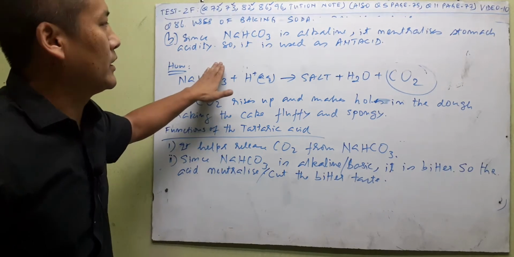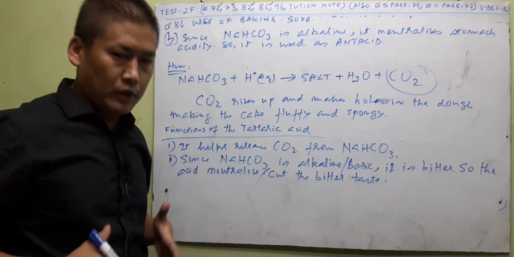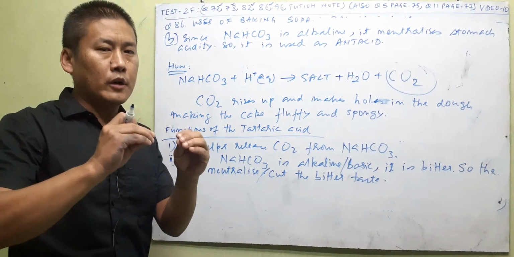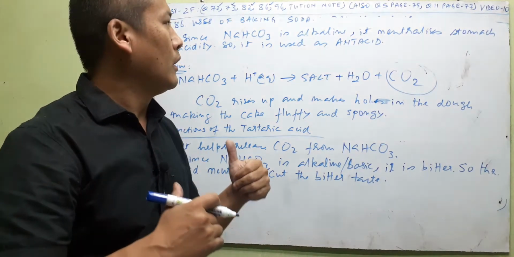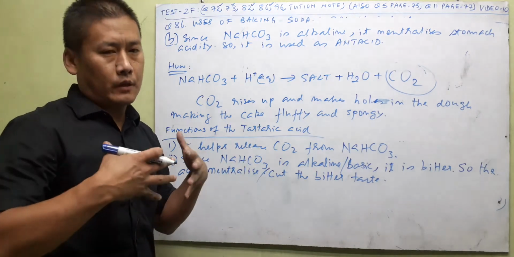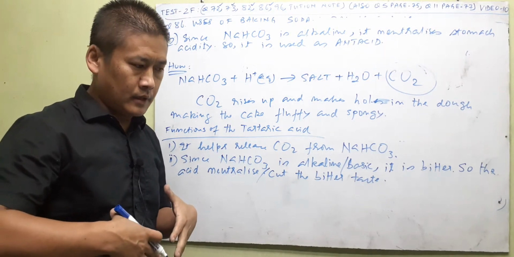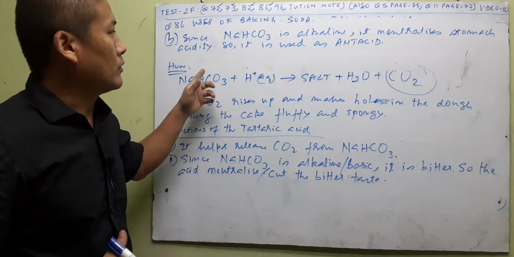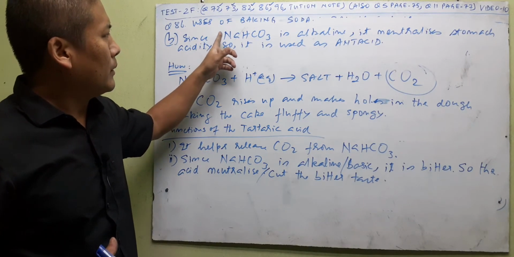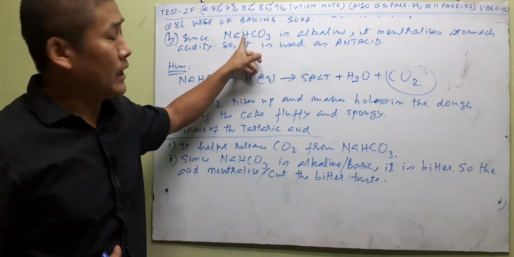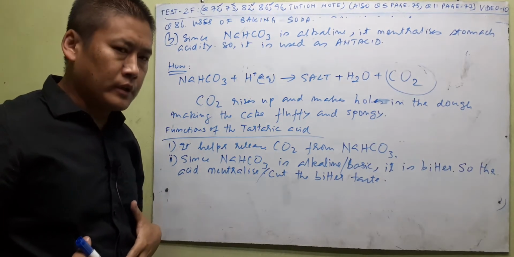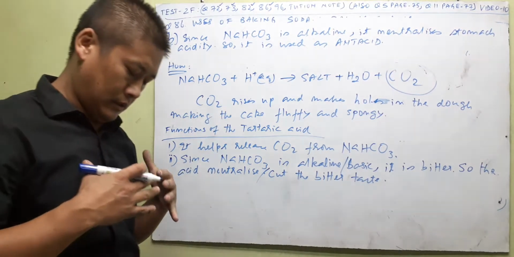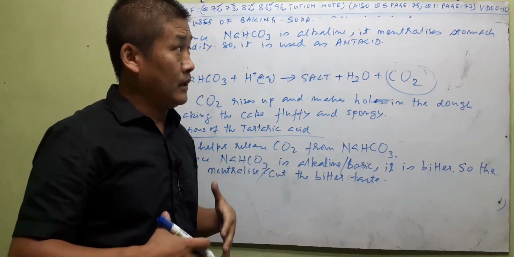Now, what is gastritis? Every one of our stomachs secretes or releases some amount of HCl, which is good. But when we overeat or something, a lot of HCl is released and it causes irritation and pain in the stomach, which is called gastritis. So only a base or alkaline substance like baking soda can, if we put it in our stomach by drinking this solution or suspension, cut that excess acid.